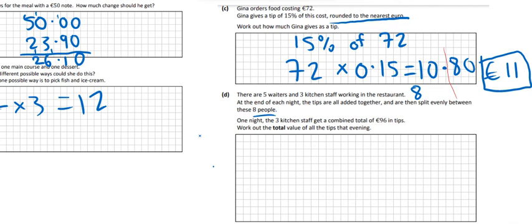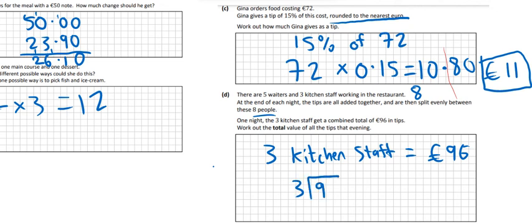So 3 kitchen staff got €96. What you need to work out first is one member of staff. If 3 of them got €96, you can just divide 96 by 3. You can do that in your head almost. It's going to be 32. So one kitchen staff member got €32.